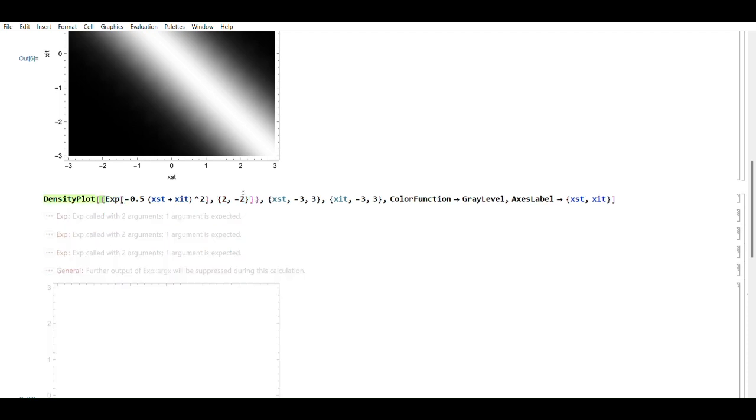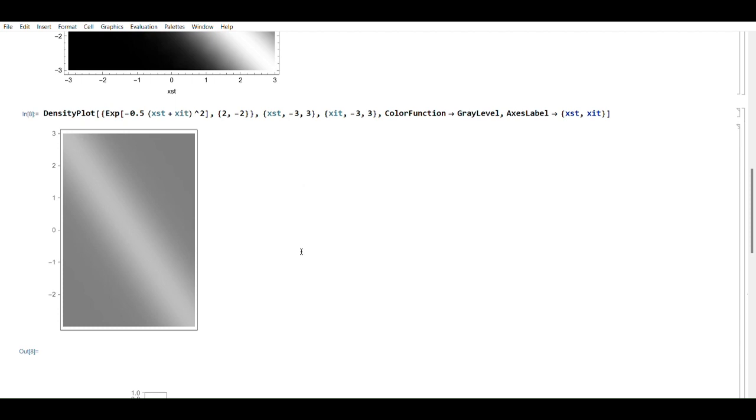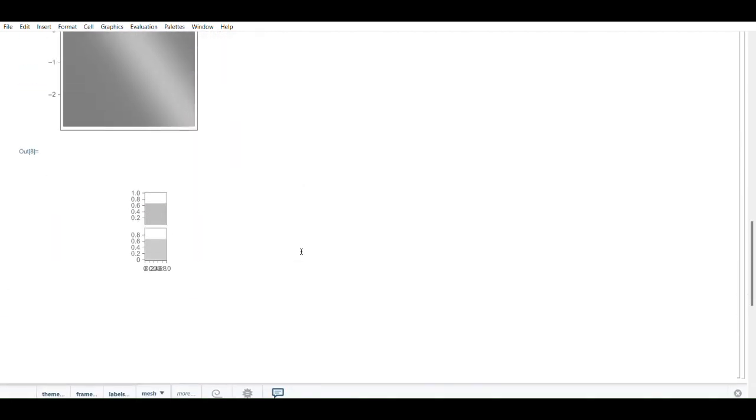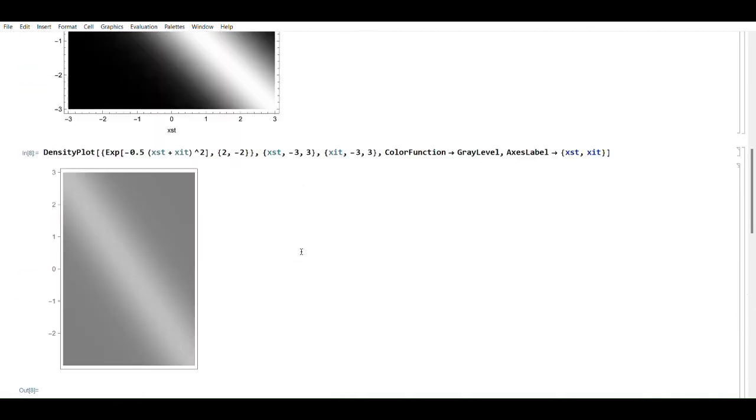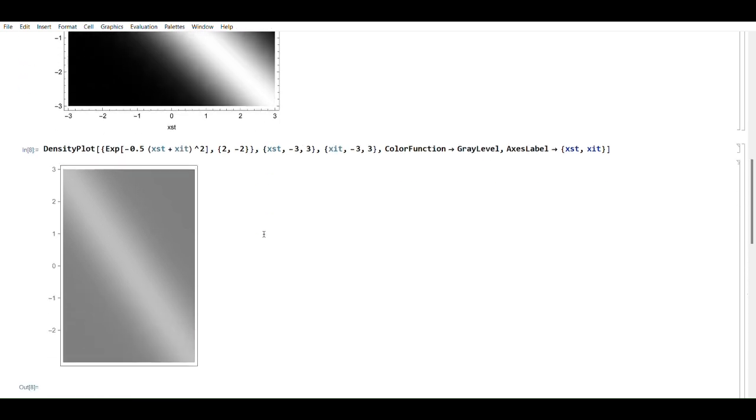Even in the density plot, I think I'm messing up my brackets. This should be here and this. This should probably work. I don't know what's happening.